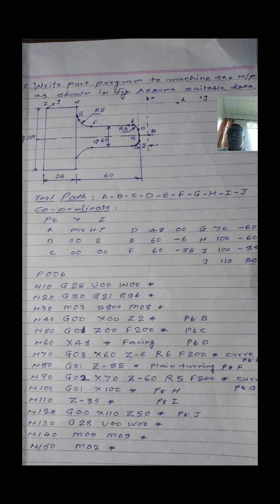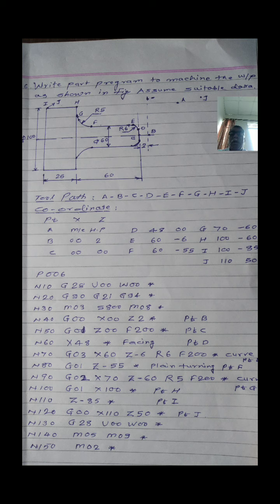As in block number N70, you have to use the code G03 and mention the end point of the arc, that is the coordinates of the point E. The coordinates of the point E are X60 and Z minus 6. Therefore, G03 X60 Z minus 6, and you have to mention the radius of the curve, that is R6, F200, end of the block. Is it okay?